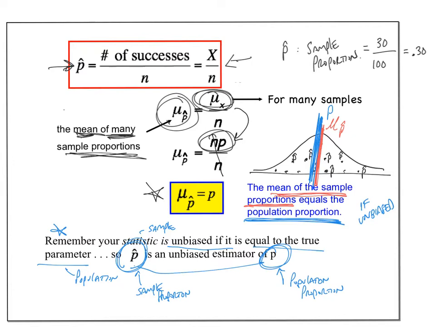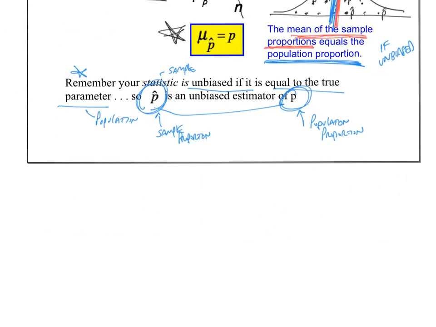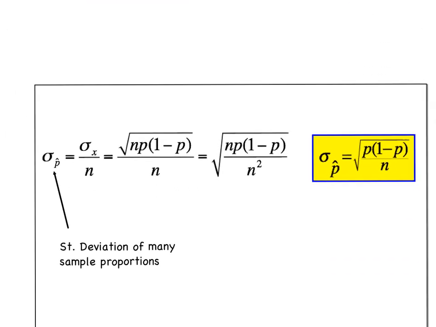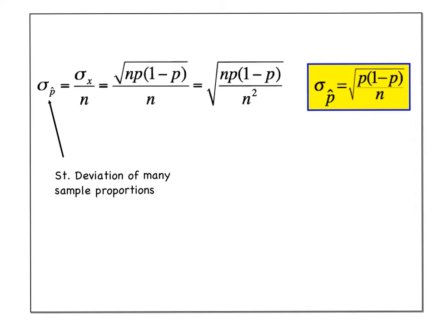So, in any case, this formula right here is something that we are going to be using a lot. That's the formula for the mean of my sample proportions. Here's the formula for the standard deviation of all of my sample proportions. And this is the symbol that we use. Now, this is the origination of the formula, but we can just hop right to the formula.